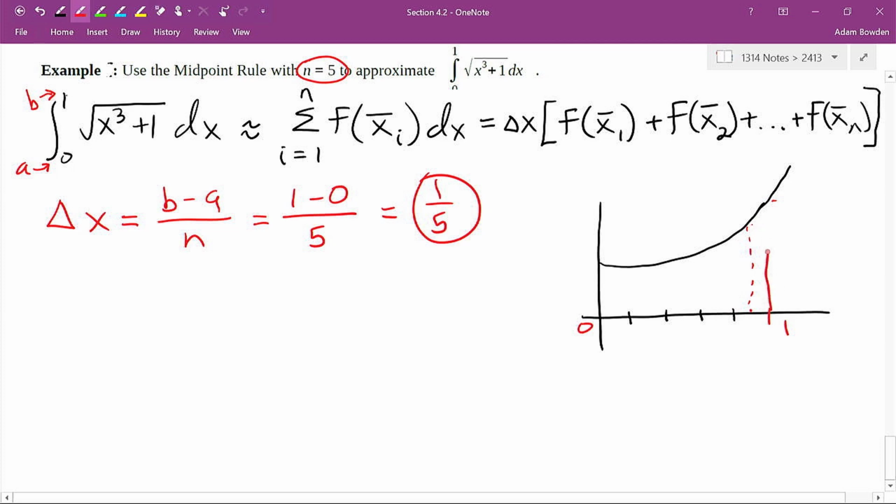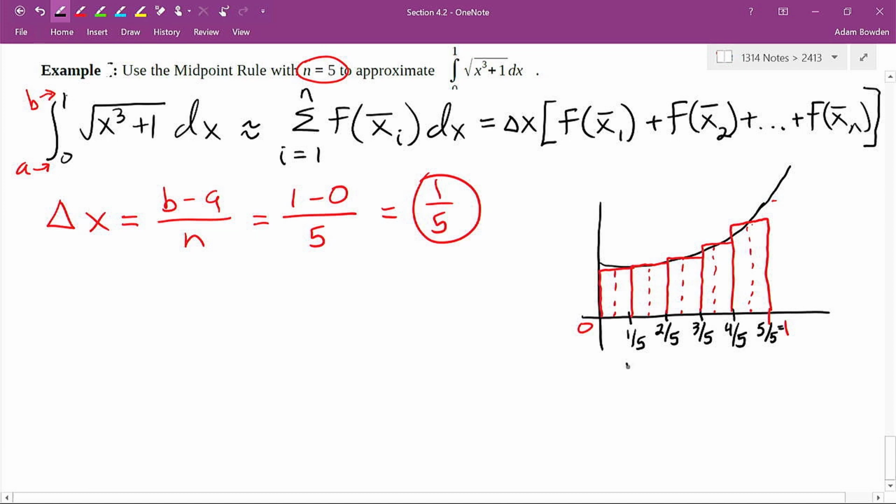So we're using the midpoint rectangles here from 0 to 1. So it's going to look something like this, depending on what the graph looks like. But what is good to know is how the numbers along the x-axis are constructed. Since we know delta x is equal to 1/5, we have here 1/5, and then we're going to go to 2/5, 3/5, and 4/5, all the way up to basically 5/5, which is equal to 1 at the very end.